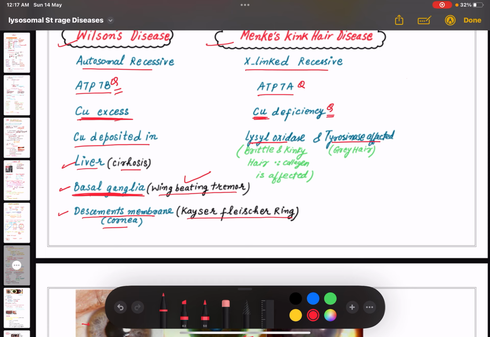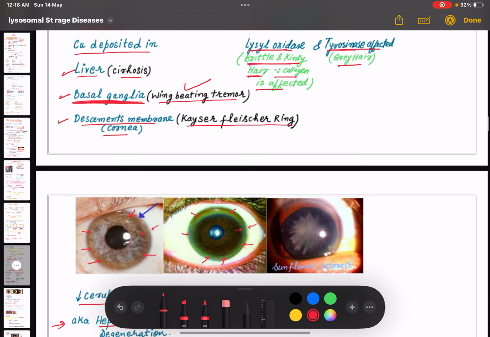Once the lysyl oxidase is affected, the patient will have brittle or kinky hair because the collagen is affected. Actually, copper is also needed for collagen. Once the copper is not there, collagen will be affected and the patient will have brittle or kinky hair. And the tyrosinase is also affected, therefore the patient will have gray hair.